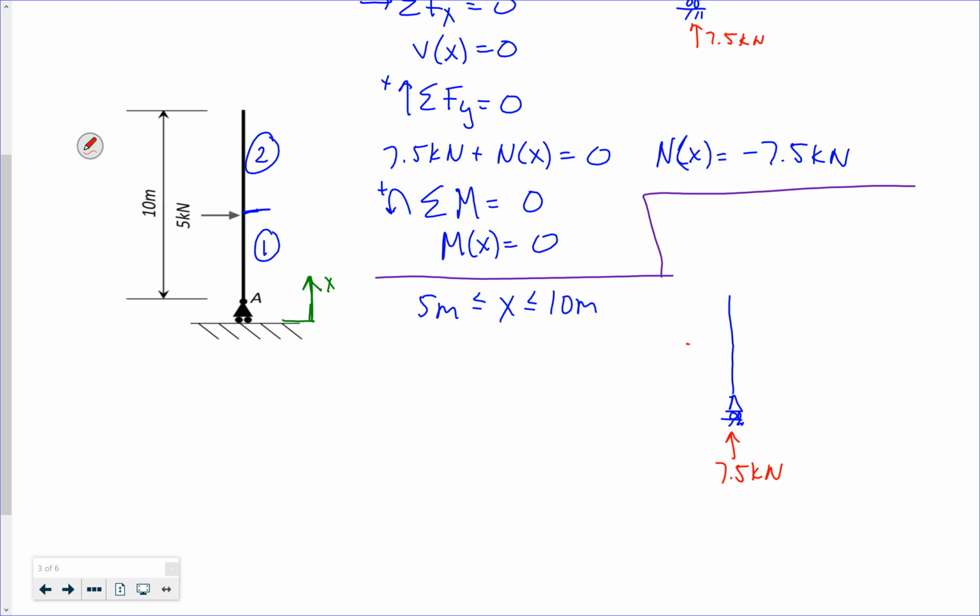It has acting at 5 meters, it has 5 kilonewtons. Then it has shear and moment and axial load.